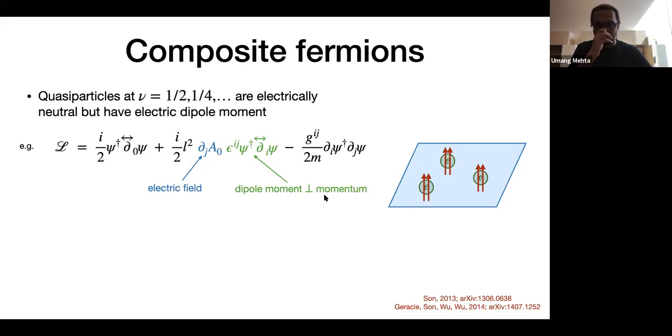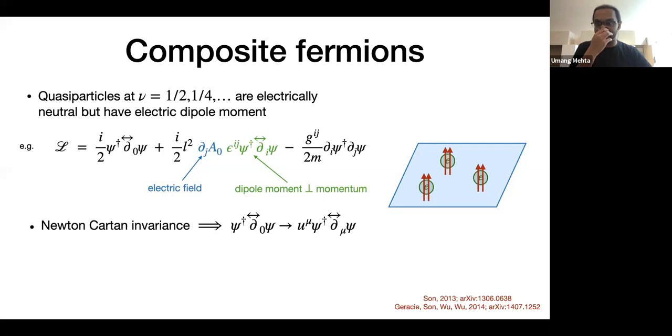And that's the statement I want to make here. As we saw in one of the previous slides, composite fermions are in fact dipoles of this higher rank symmetry, whose momentum is constrained to be perpendicular to the dipole moment. So they can only move perpendicular to the dipole moment and not parallel to it.